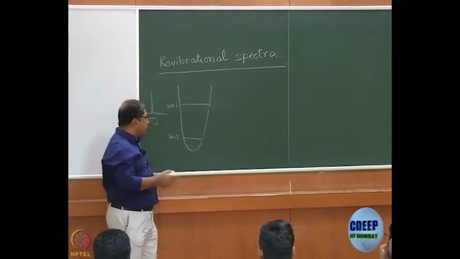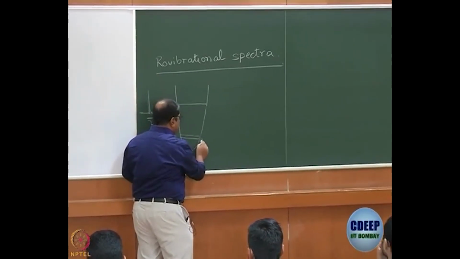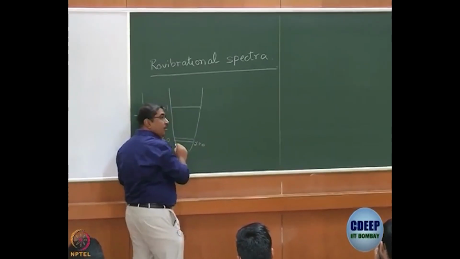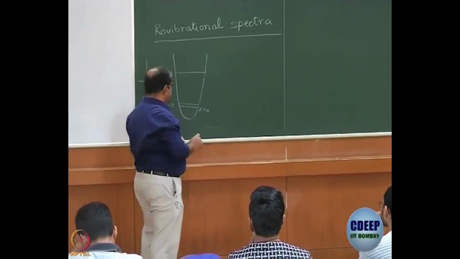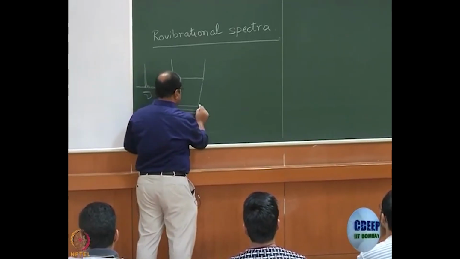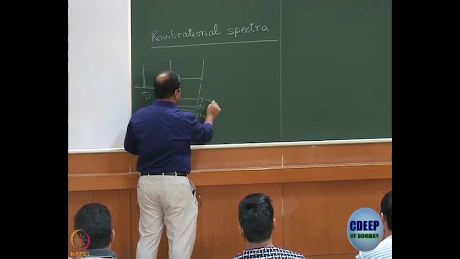So V equal to 0 would be associated with J dash equal to 0. What is the smallest value of J dash? 0 or 1? 0, right. Then J dash equal to 1, J dash equal to 2, and so on.